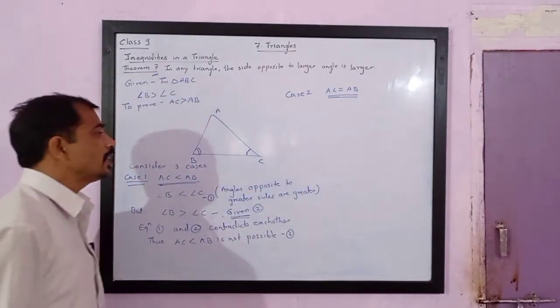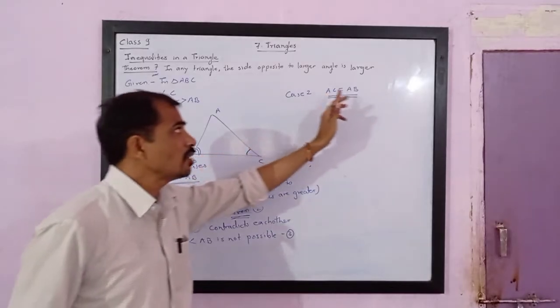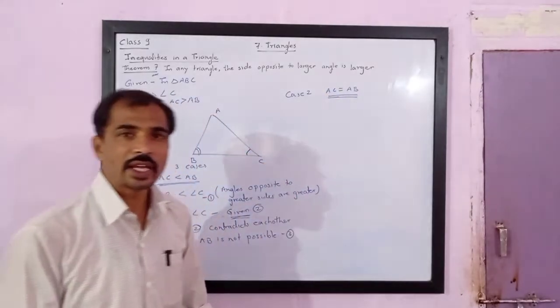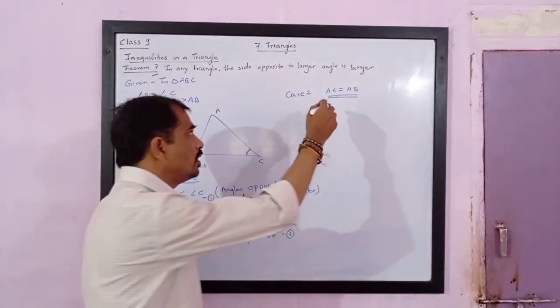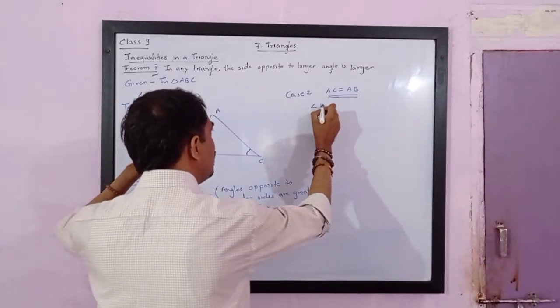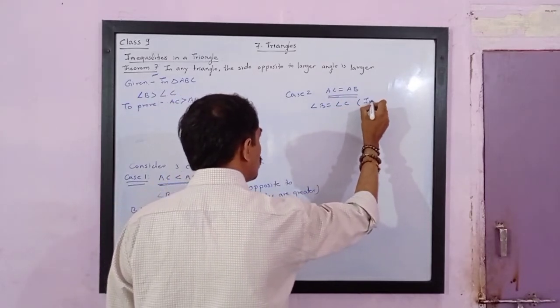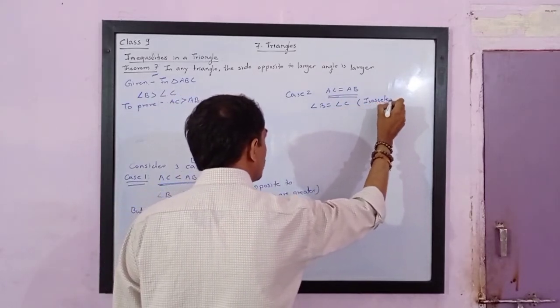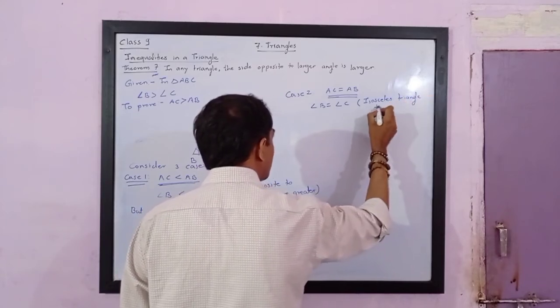Now if AC equals AB, it becomes an isosceles triangle, and according to the isosceles triangle theorem, we know that angles opposite to congruent sides are congruent. So we will get angle B equals angle C. This is according to the isosceles triangle theorem.